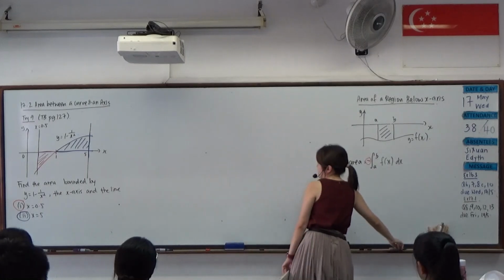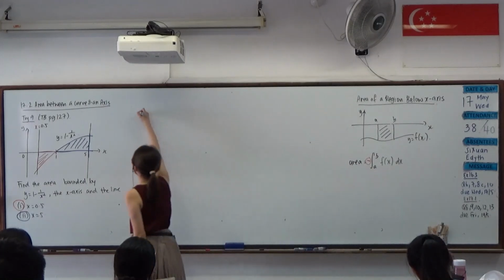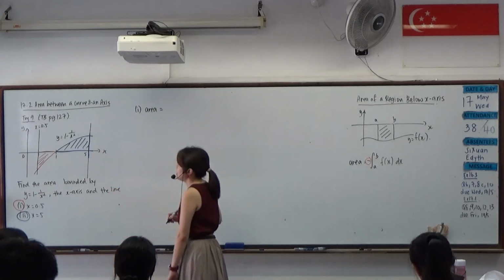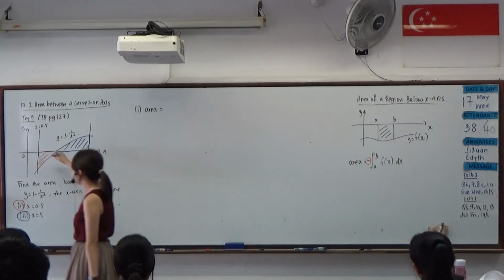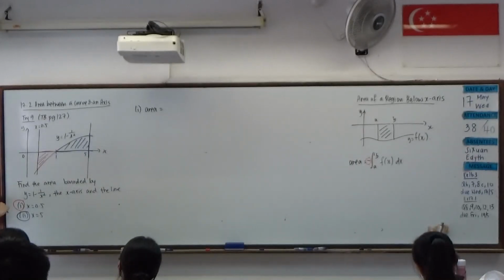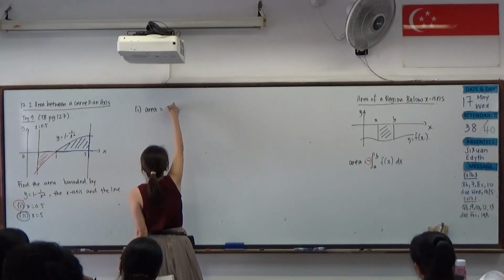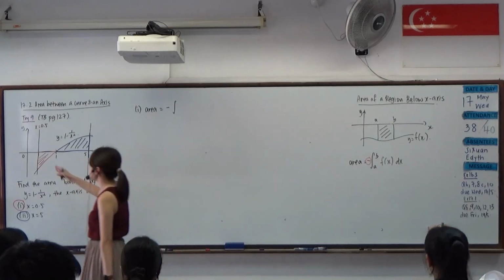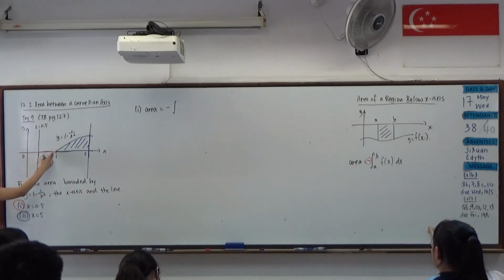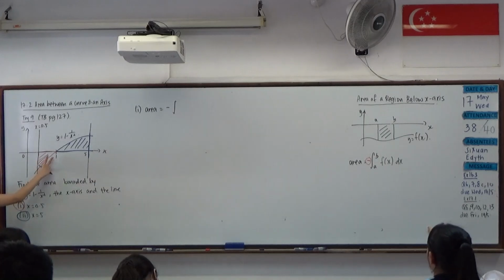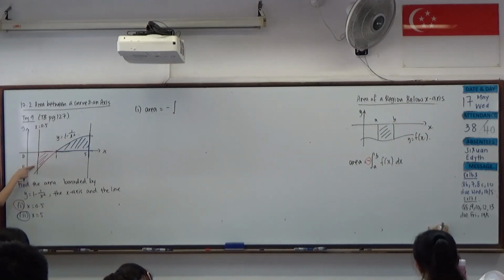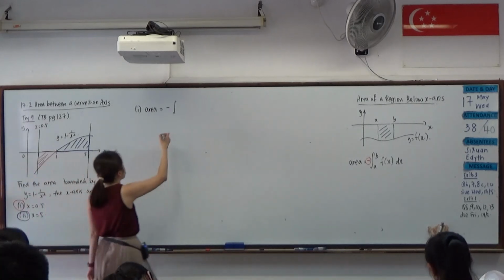So in part I, the area, because it is below the x-axis, we have to apply a negative to the integral. Okay. And we are integrating from x equals to 0.5 to x equals to 1. So we're looking at the curve towards the x-axis, okay? And since it's below the x-axis, we have to apply the negative sign.